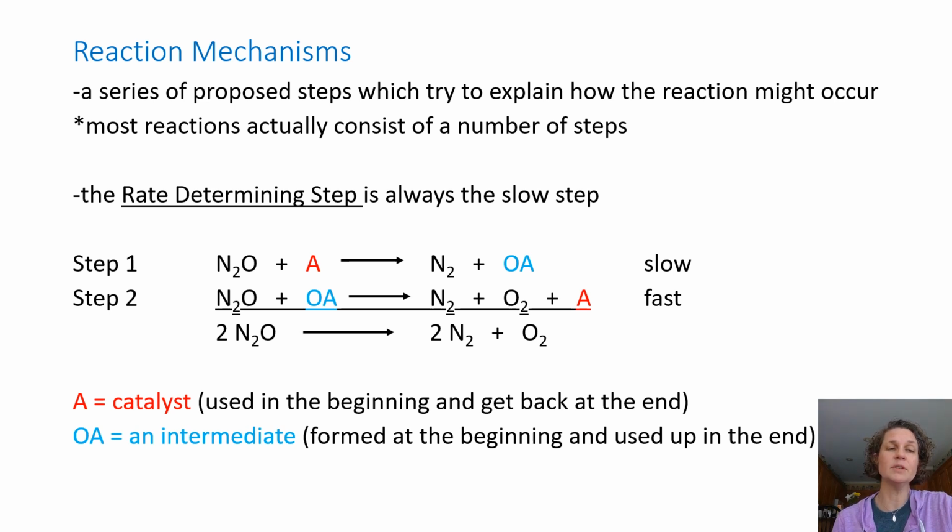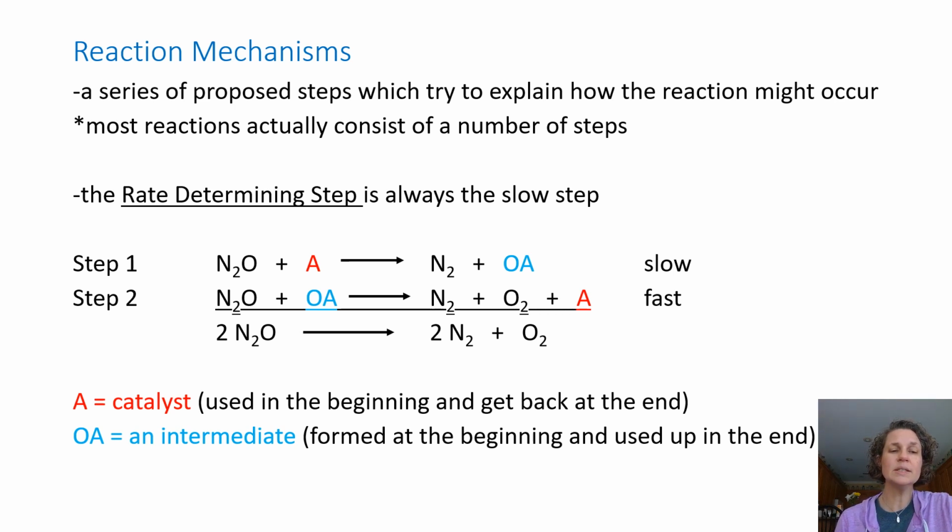We have been writing the very simple form of that so far, but in reaction mechanisms you are showing all of those steps. One thing to know is that a reaction is only as fast as its slowest step.